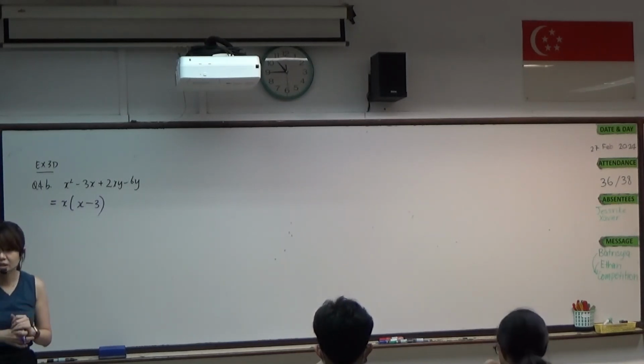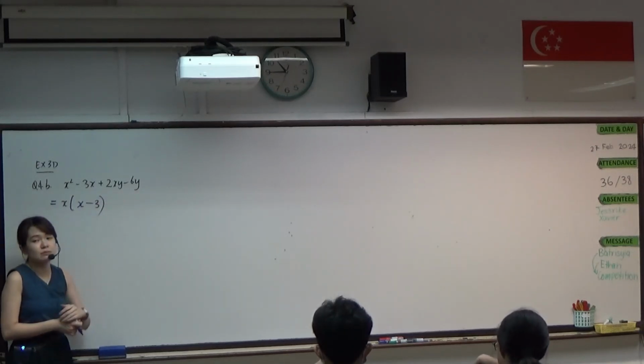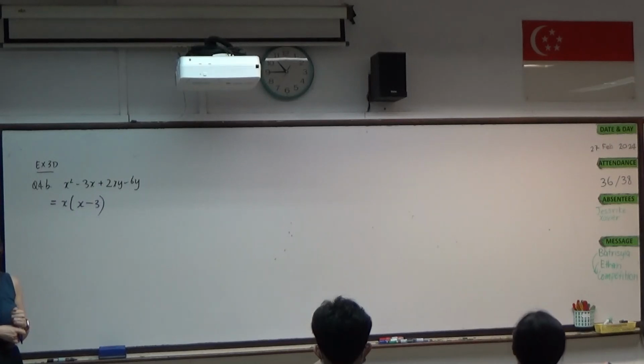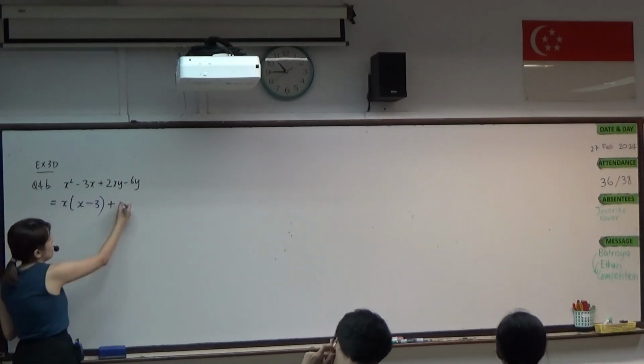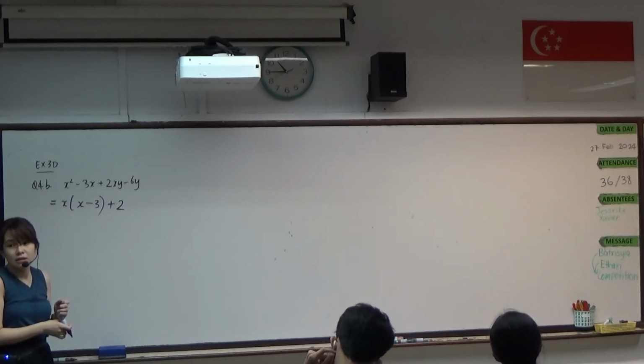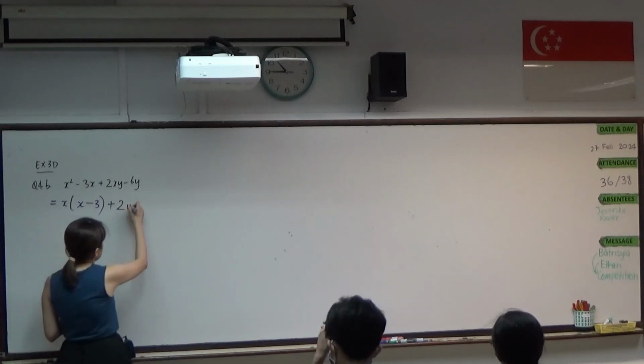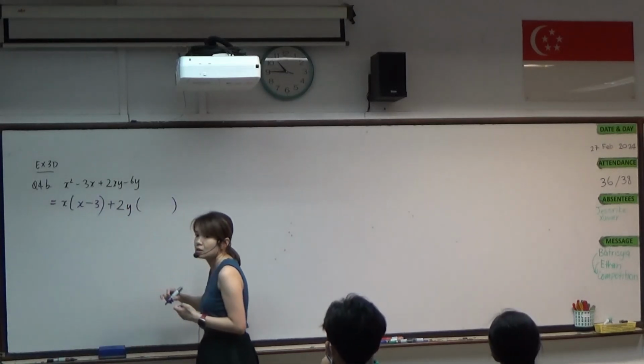Think carefully. What's the common factor between 2xy and minus 6y? 2. Positive 2. And then y, and what is left inside?